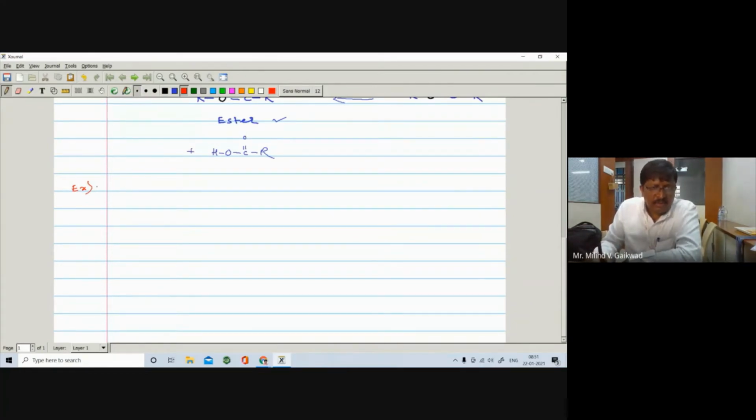So in generalization, suppose the starting compound is CH3 C double bond O and CH3, and it undergoes reaction with a per acid.